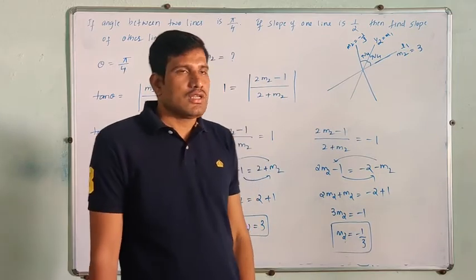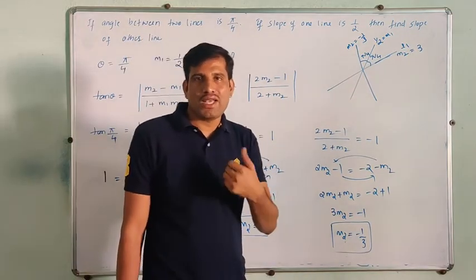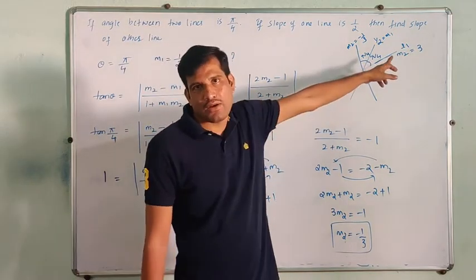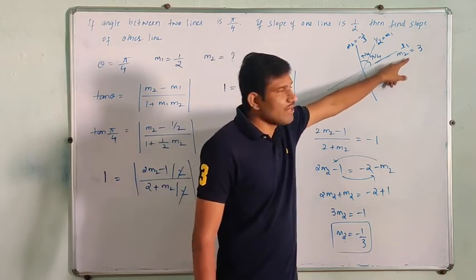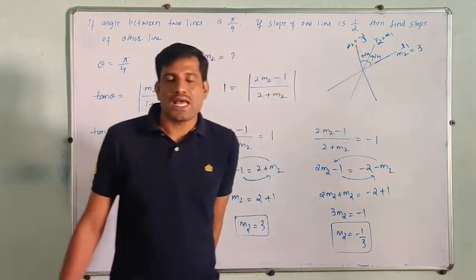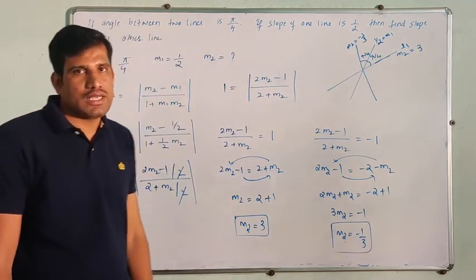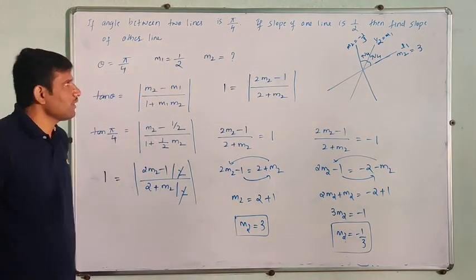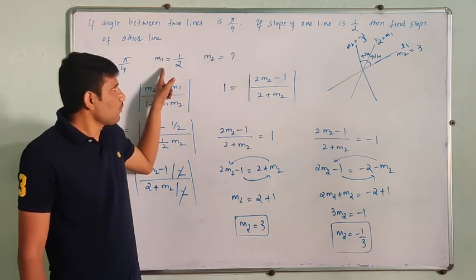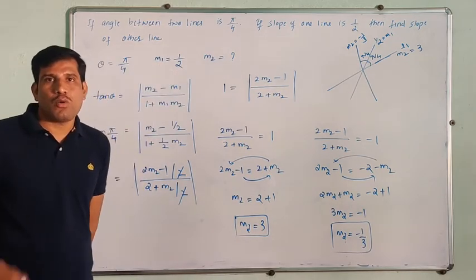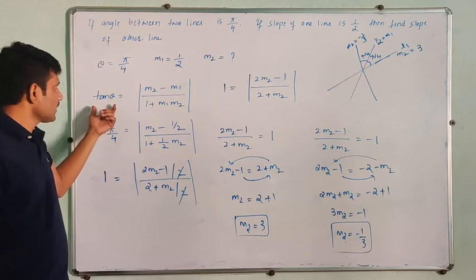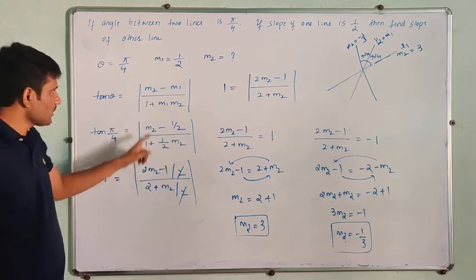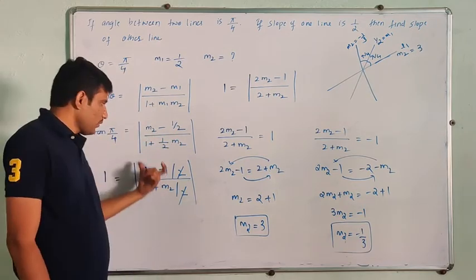Is it clear, friends? So we have two lines which make an angle pi by 4 with the given line, one line having slope 3 and one more line having slope minus 1 by 3. So the angle between two lines is given, that is theta is given, right? And slope of one line is given, that is m1 is 1 by 2. They are asking what is the slope of the second line. So use that equation tan theta is equal to mod of (m2 − m1)/(1 + m1 m2) and continue.